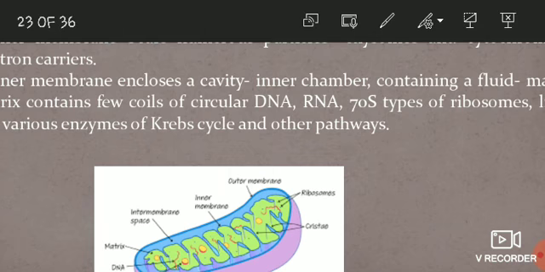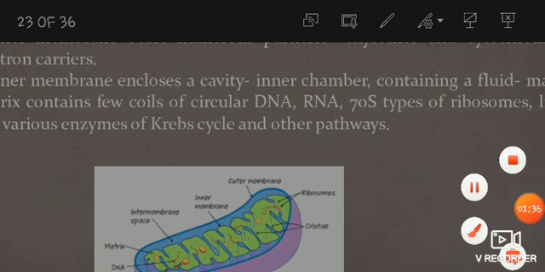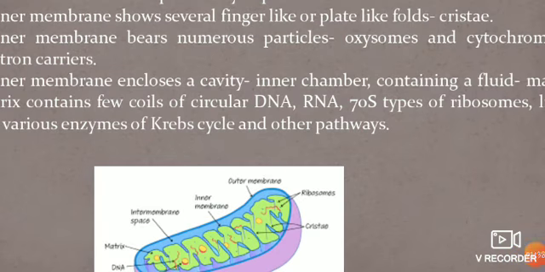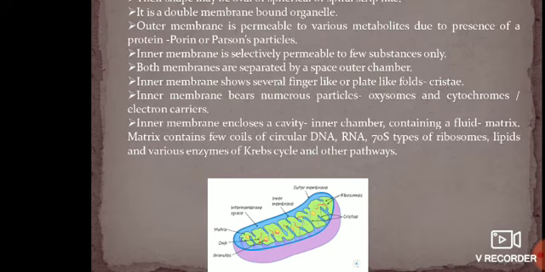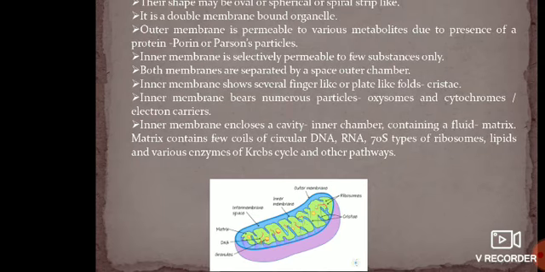this double membrane, the outer one called the outer membrane and the inner one called the inner membrane. In the inner membrane we see that there is an infolding made with the same membrane, which is forming finger-like projections called cristae.